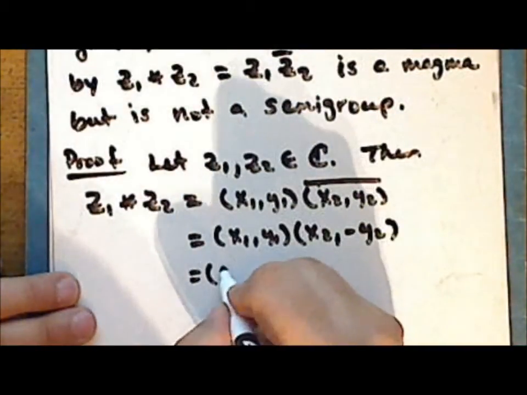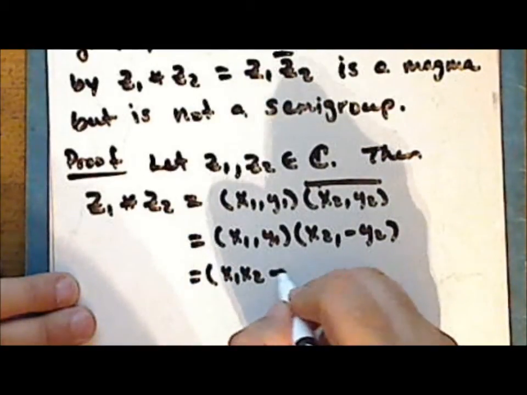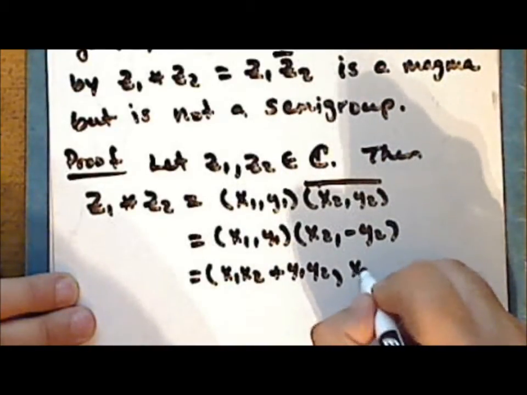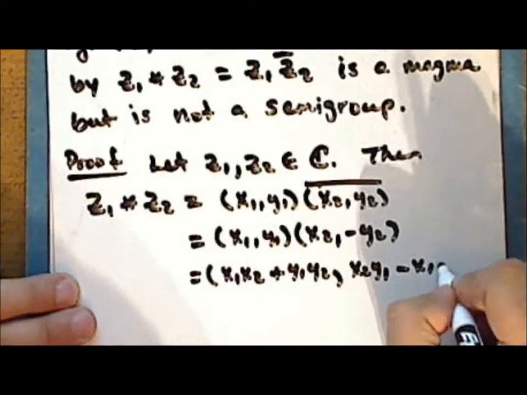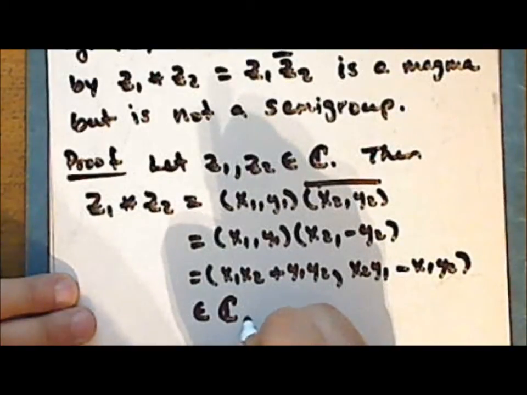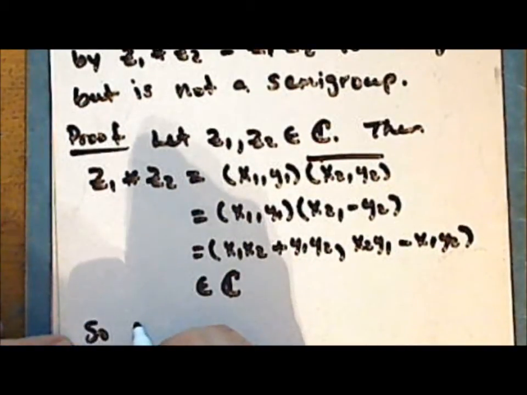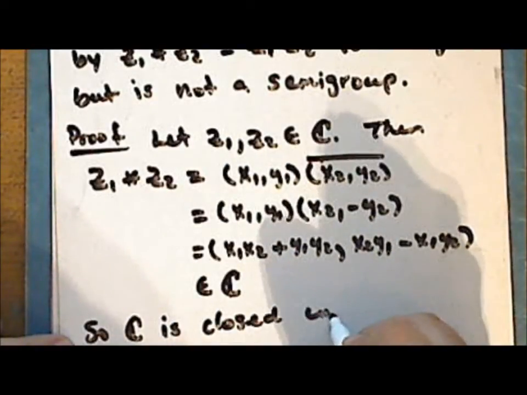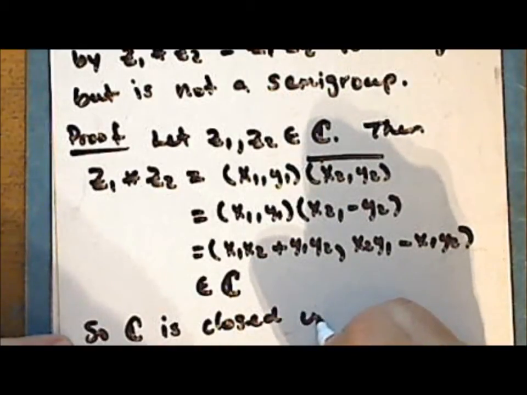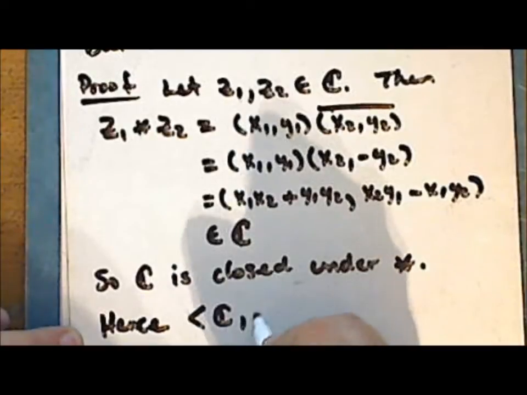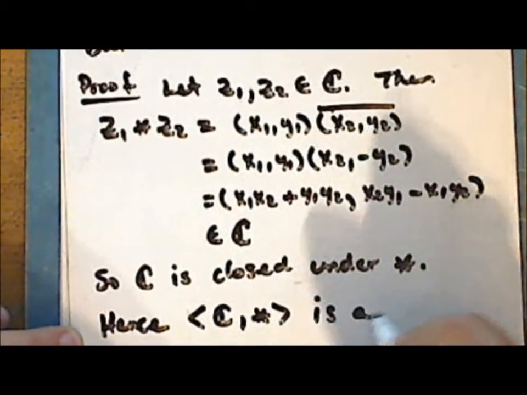This gives x1 times x2 plus y1 times y2 as the real part, and x2 y1 minus x1 y2 as the imaginary part. But this is a complex number. And so the set of complex numbers is closed under the operation star, and hence the structure consisting of the complex numbers together with this operation star is a magma.